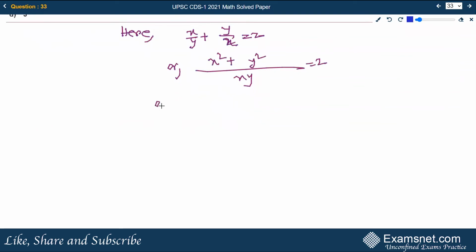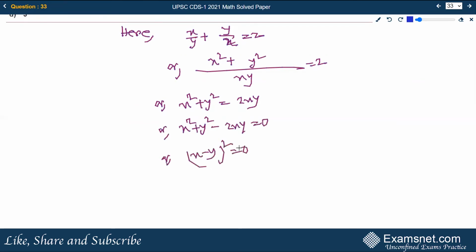So x square plus y square minus 2xy equals 0. That means (x minus y) whole square equals 0.